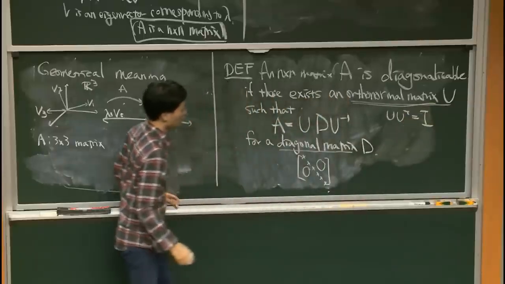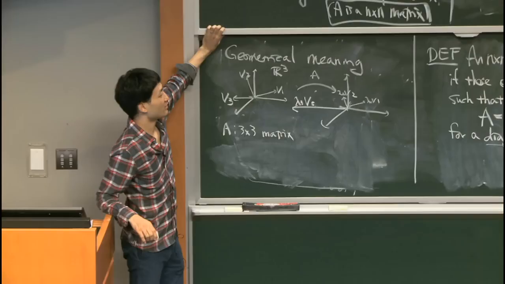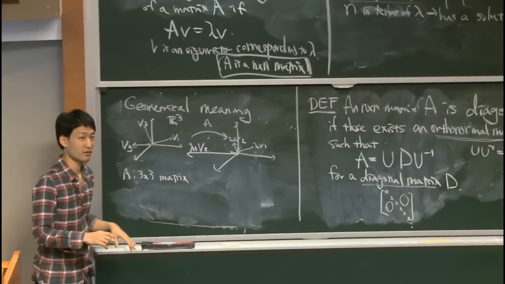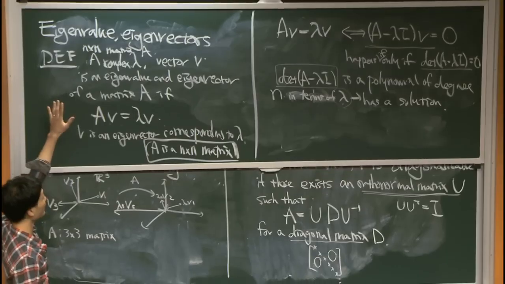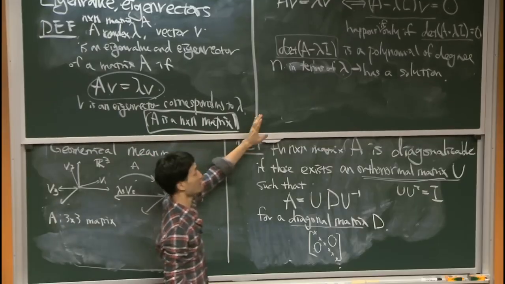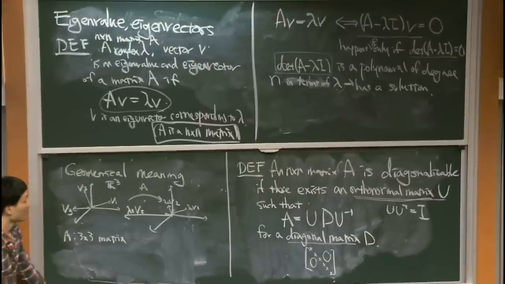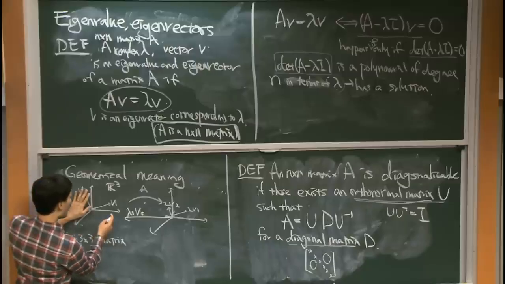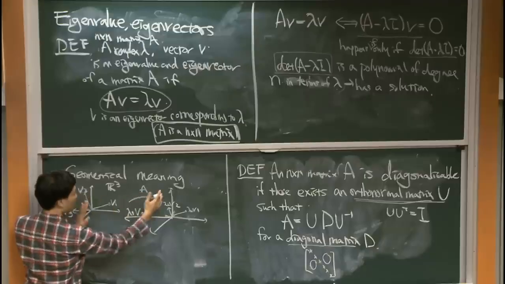Okay. So the stuff here will be the most important things you'll use in linear algebra throughout this course. So let me repeat it really slowly. An eigenvalue and eigenvector is defined by this relation. We know that there is at least one eigenvalue for each matrix, and there is an eigenvector corresponding to it. And eigenvectors have this geometrical meaning, where a vector is an eigenvector if the linear transformation defined by A just scales that vector.